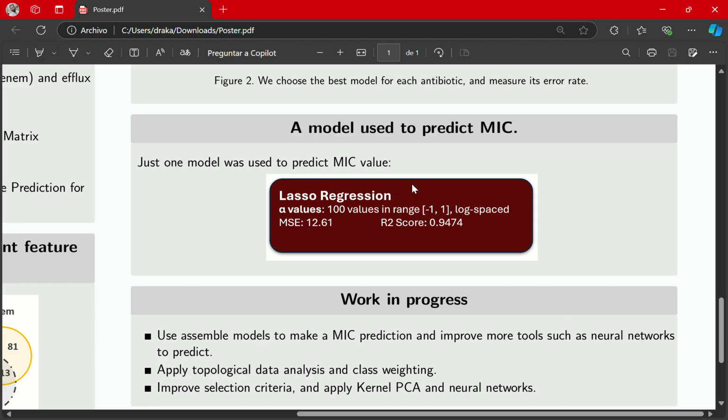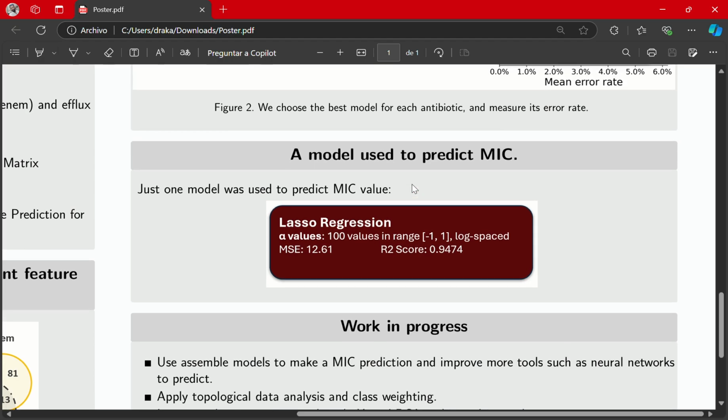In addition to predicting resistance, we also developed a model for MIC prediction. This aspect is still in progress, and we are exploring ensemble models and neural networks to refine our predictions further.